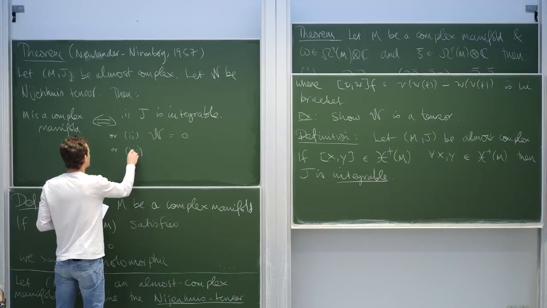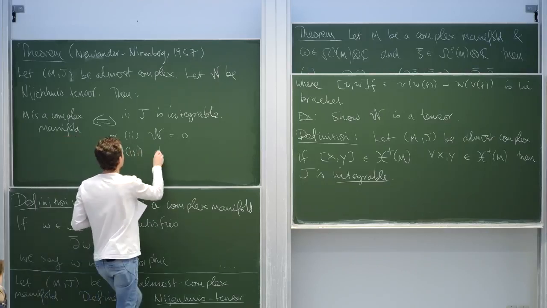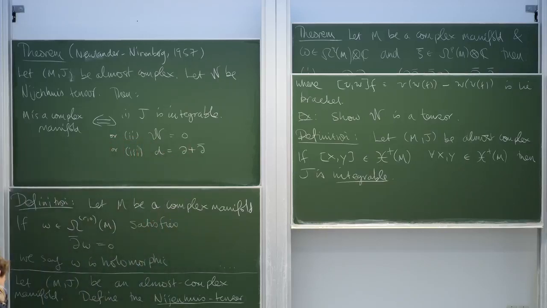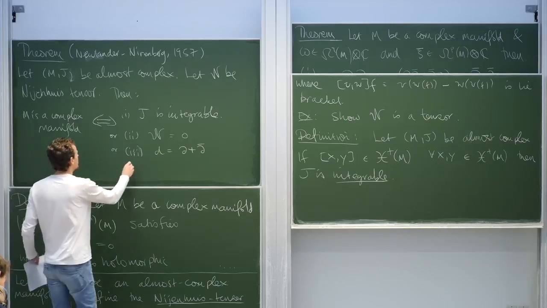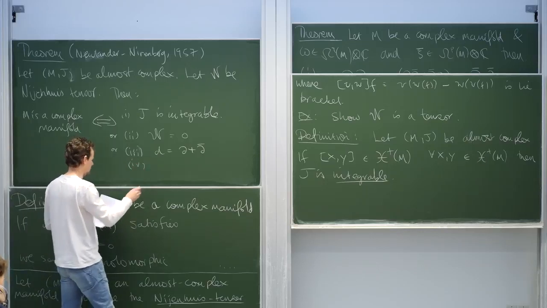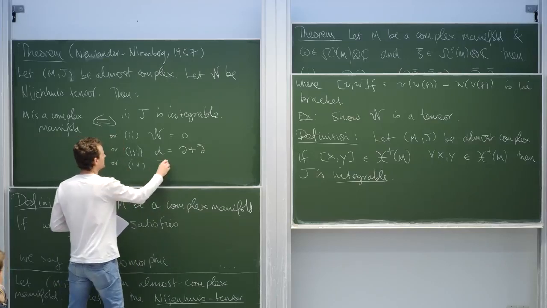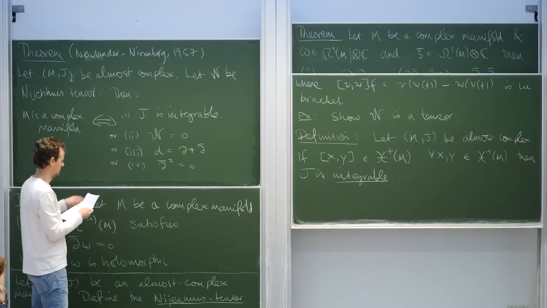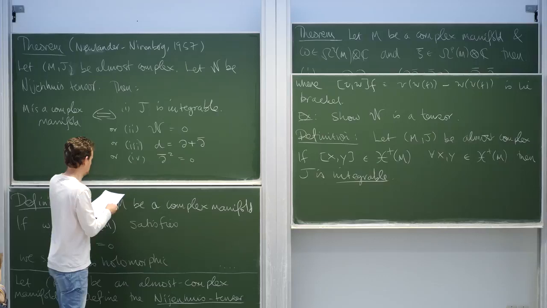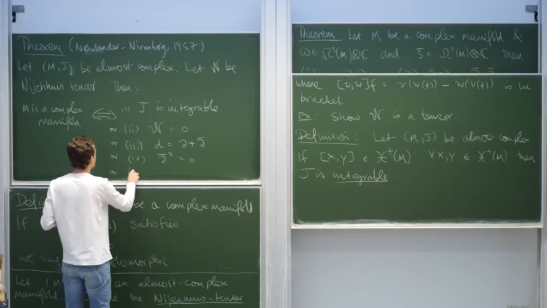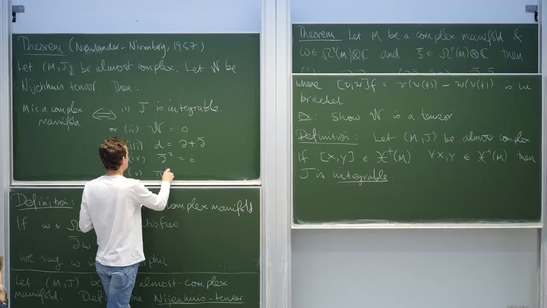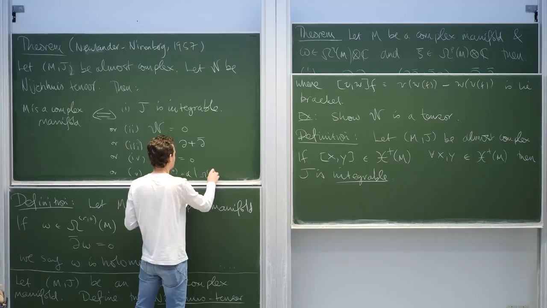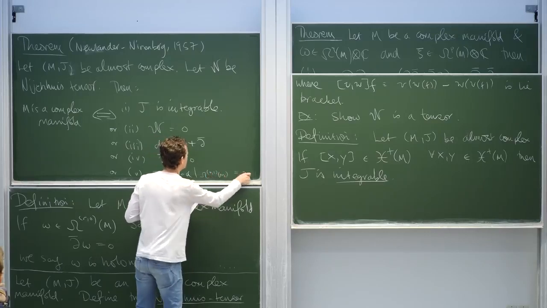There's another condition that you could alternatively use, and that is that the exterior derivative is precisely equal to the sum of delta and delta bar, not a given on an almost complex manifold. Another equivalent condition is that delta bar squared is 0. Or the final one is that when you project onto the 2,0 forms, the exterior derivative applied to 0,1 forms, you also get 0.